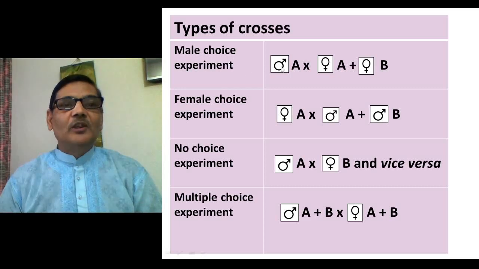So what we do here is take a male of one species and females of its own species as well as a different species. So this male of species A will be crossed with females of species A, its own type, as well as females of a different species, species B.